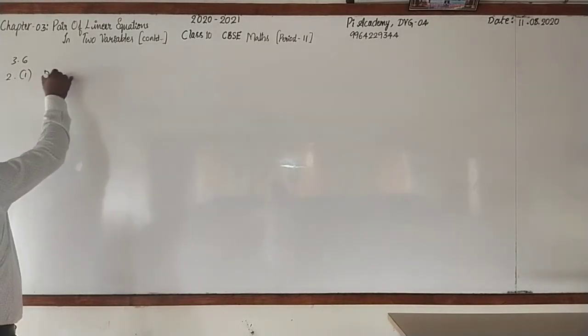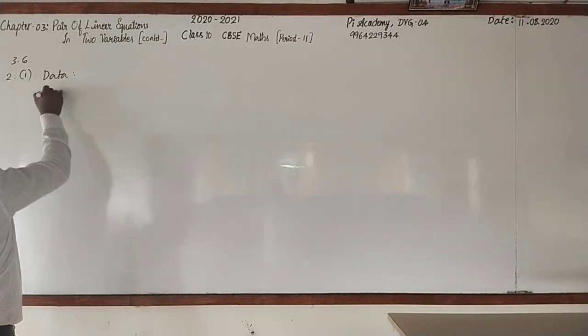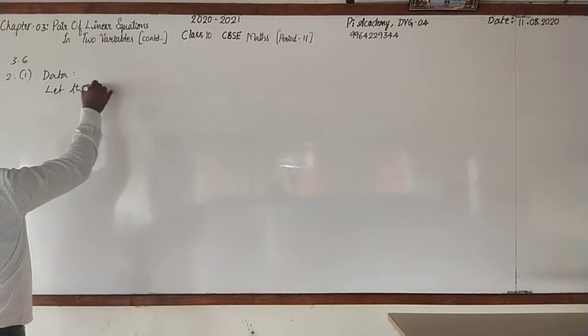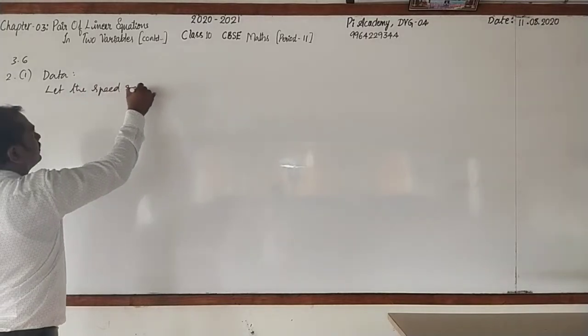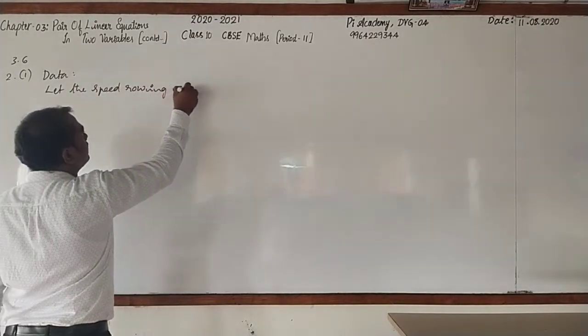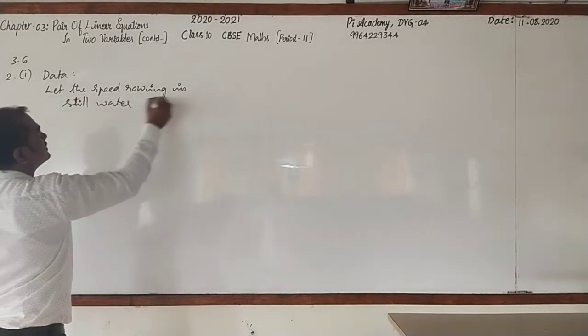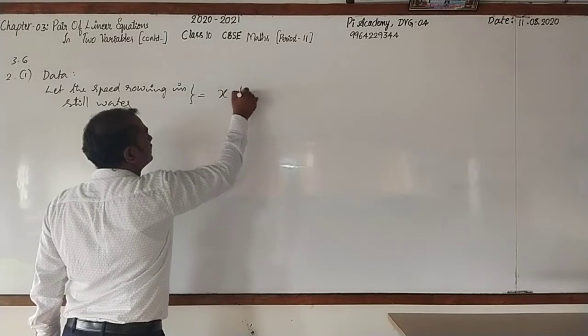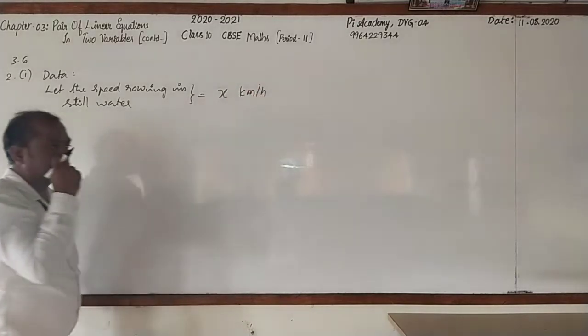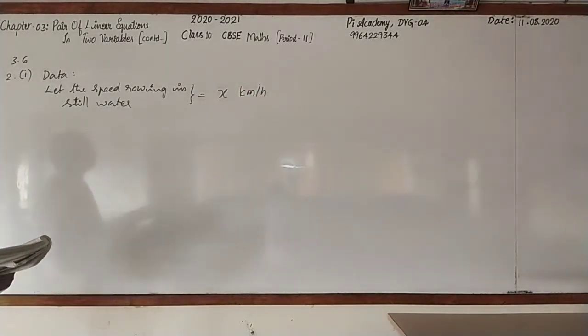Let us assume the speed of rowing in still water is x kilometer per hour, because here the distance has been given in kilometers and time in hours.